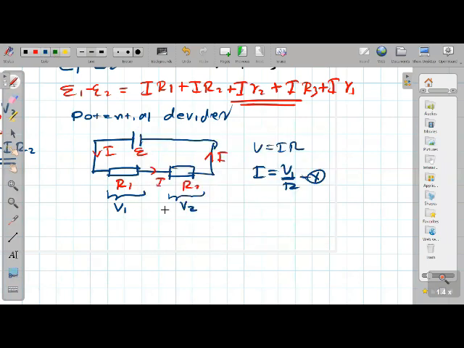So at this point, I can write I equals V1 over R1, equation number 1. And this part, the same, I equals V2 over R2, equation number 2.